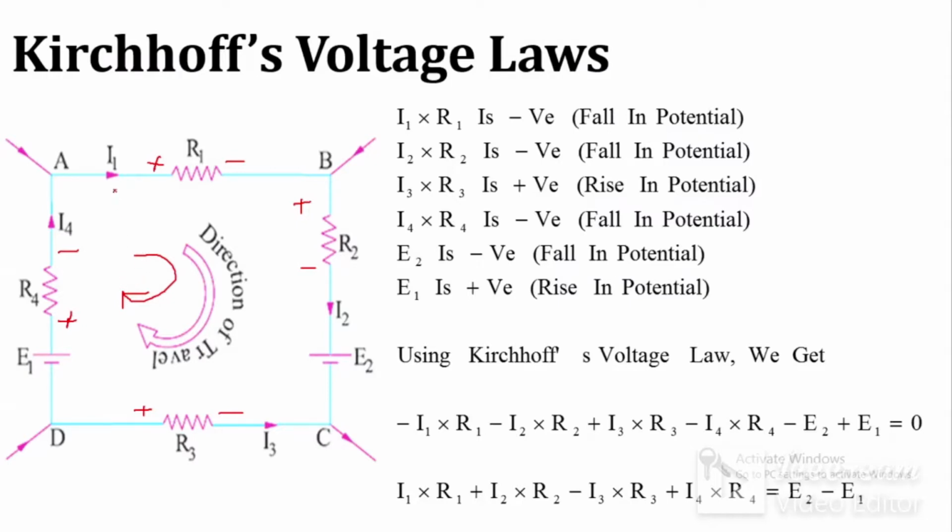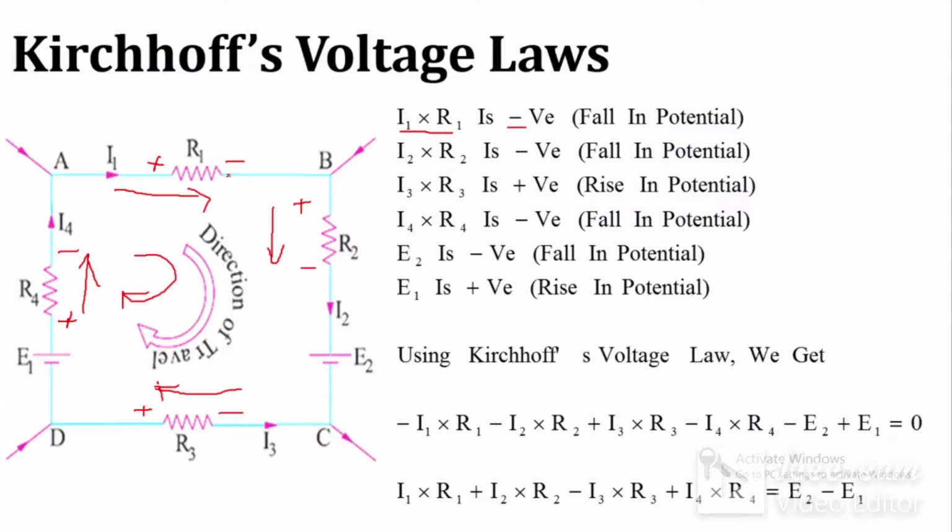So this current will flow in this direction for R1, in this direction for R2, in this direction for R3 and in this direction for R4. Clear?